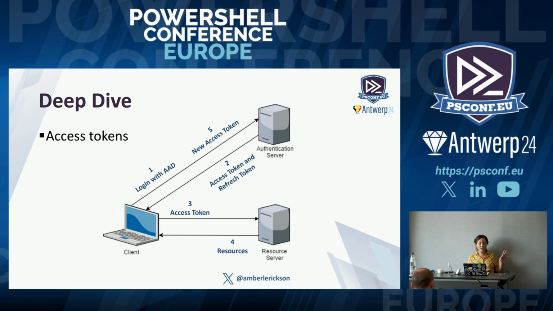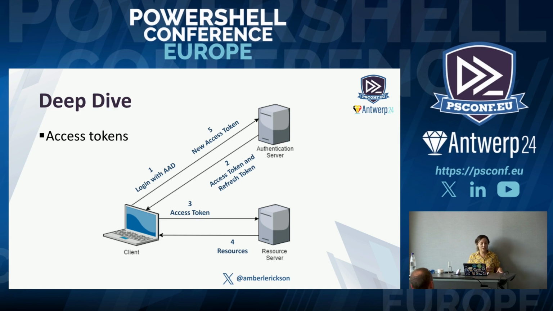So when an access token expires, a refresh token is sent to the authentication server to request a new access token. This process allows for a seamless and secure way of obtaining new tokens, and also ensures that your tokens are consistently being rotated. So how this gets applied in PSResourceGet is that we use AAD to authenticate.